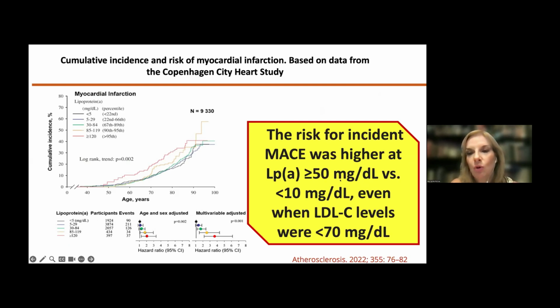However, the threshold of high risk is much lower than 120, it is 50 in this study. LPA level over 50 milligrams per deciliter is considered to bear higher risk in the general population, even if the LDL cholesterol levels are lower than 70 milligrams per deciliter.